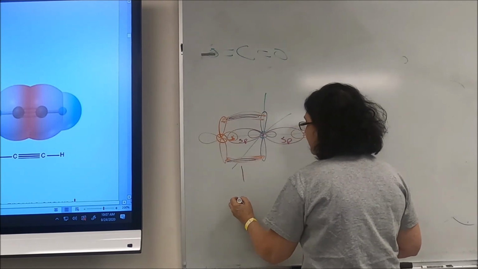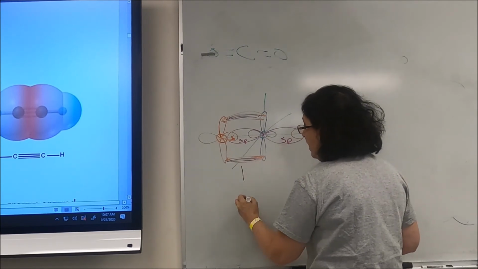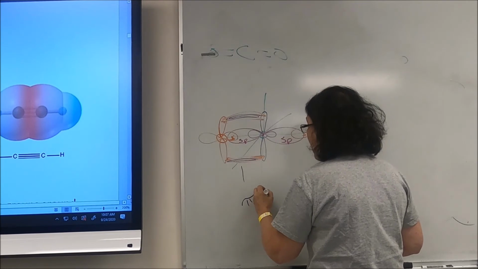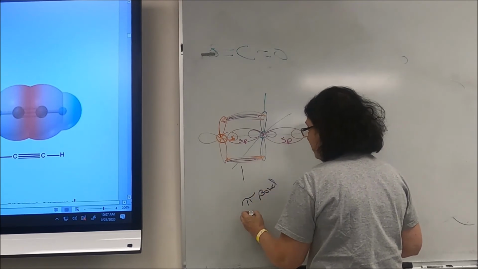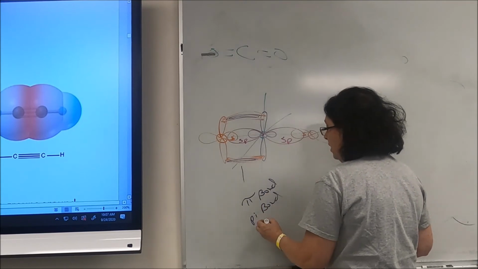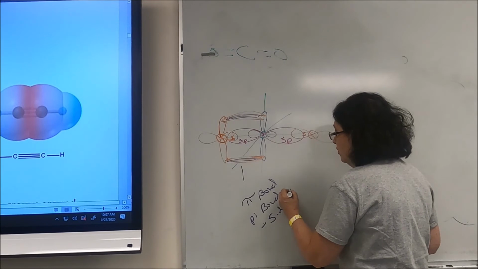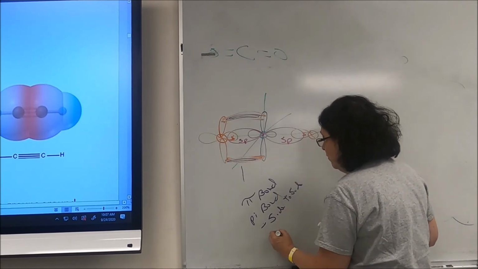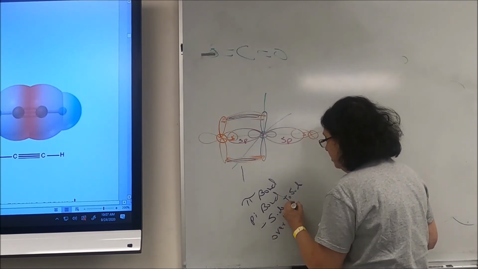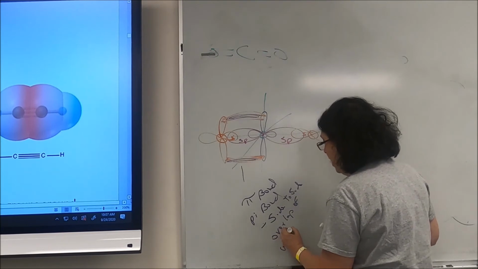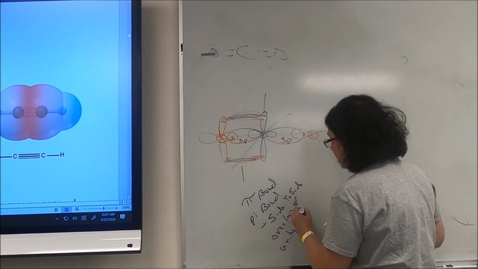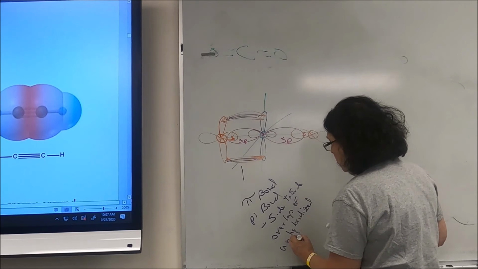Okay? This is called a pi bond. Okay, or you could say pi bond. And this is due to side overlap of unhybridized orbitals.